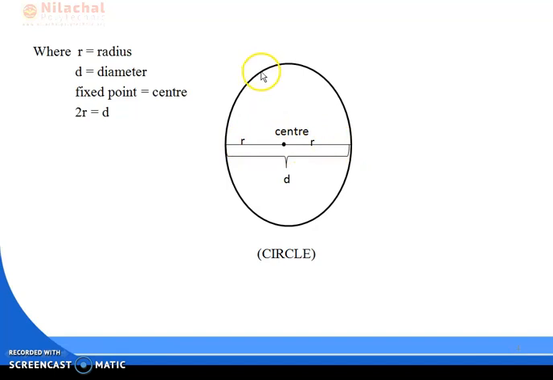If you take a point on the circumference of the circle, then this distance is also the radius, r for radius, and the fixed point is our center. And we know that 2 radii make a diameter. Diameter is the longest chord of the circle, or the chord which passes through the center. So the diameter is 2 times r, r plus r, that means 2r. This is the circle.